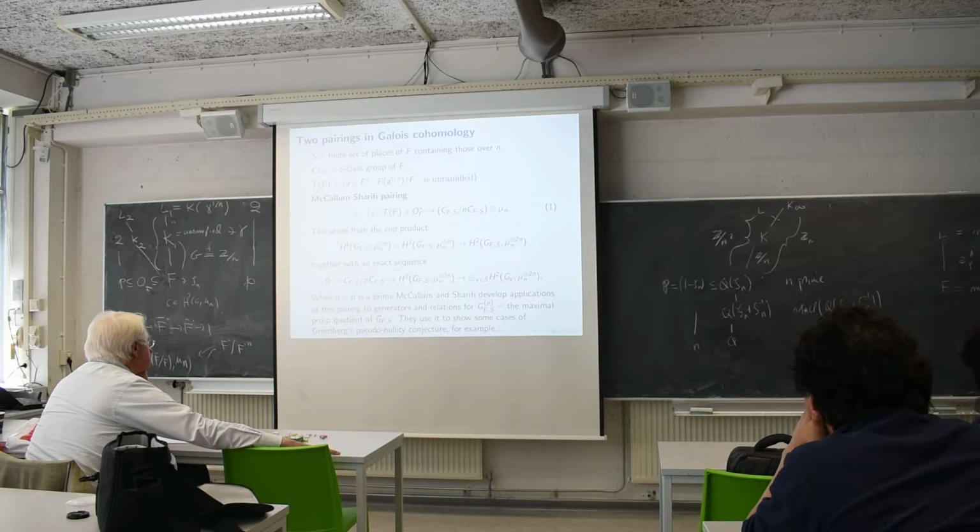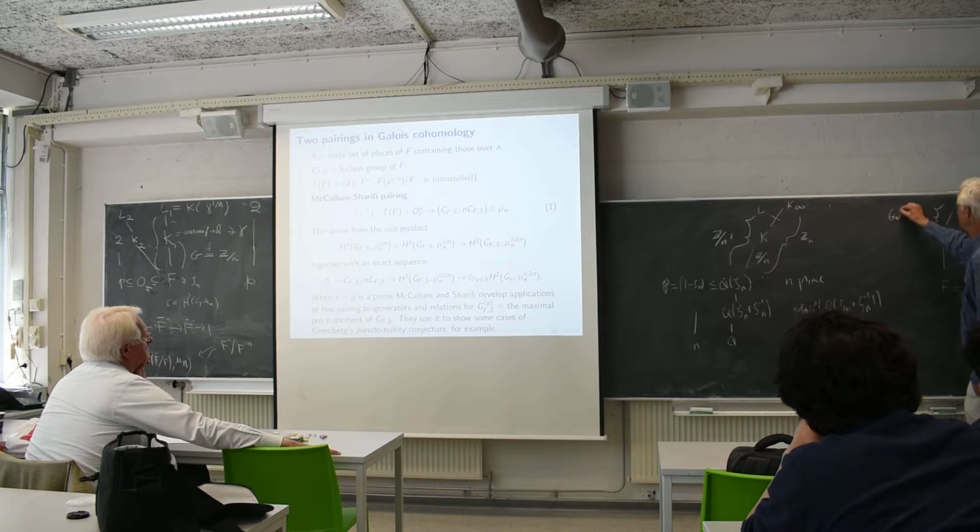Now, then you could look at the maximal abelian unramified extension of L. And this Galois group here is a module for the pro-p group ring of this Galois group.